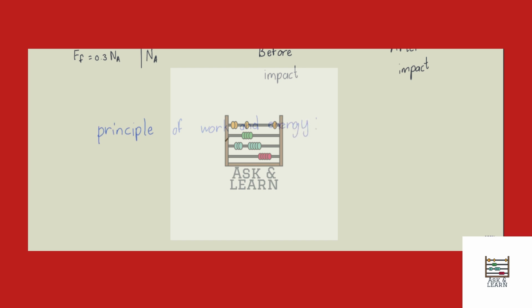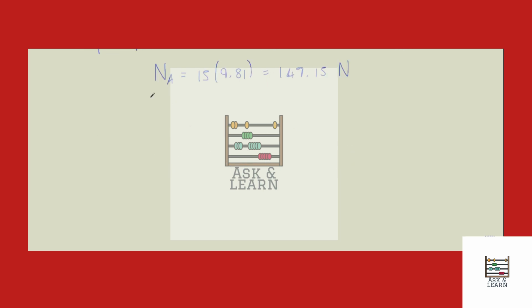Before we do that, we can see that the normal force must balance the weight, since there's no vertical motion. So that's the mass of the block, 15 kg times g, which is 9.81. And so the normal force is 147.15 newtons. And hence, we can calculate the frictional force.